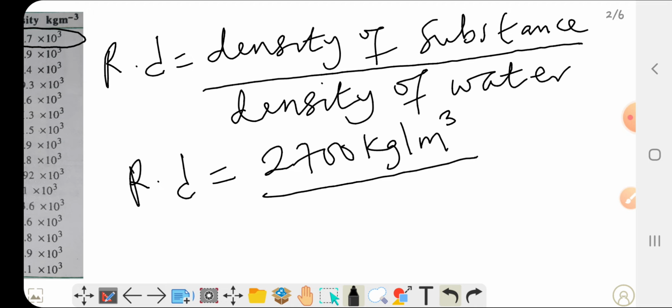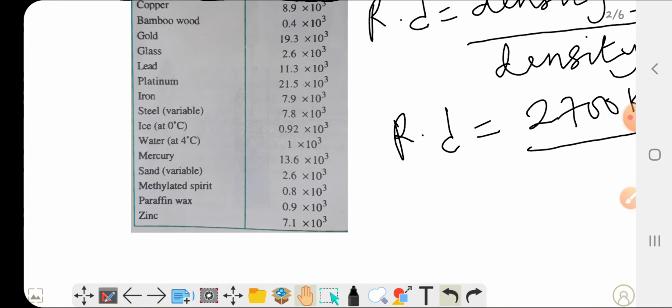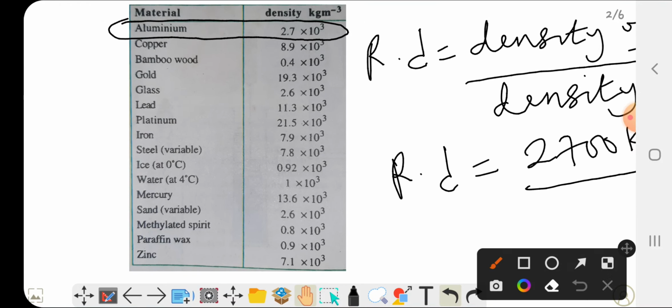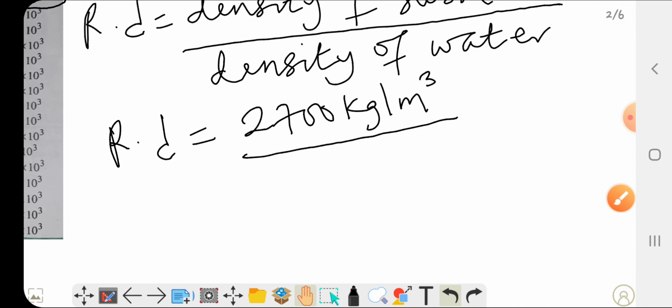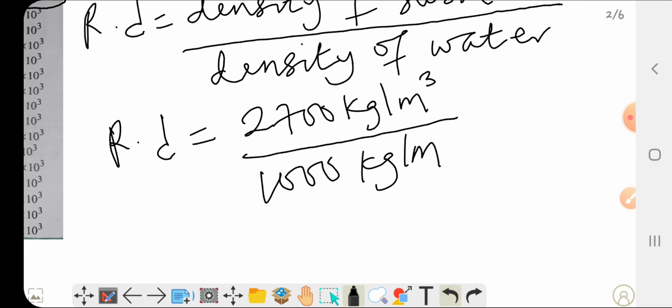Let's check the table again for water. Density of water is actually here. Okay, this is it here, and it's 1,000 kilogram per meter cube. So I'll fix it there, divided by 1,000 kilograms per meter cube.